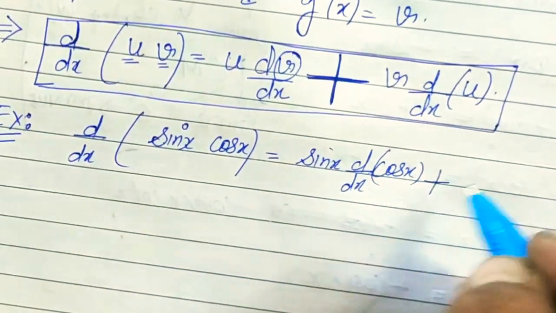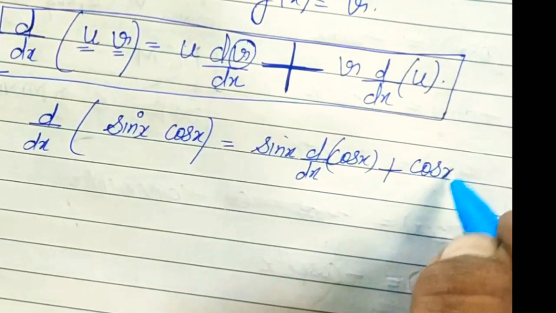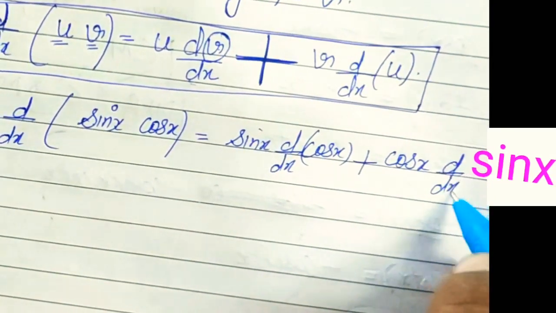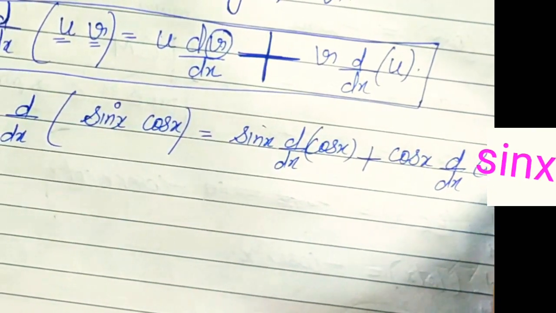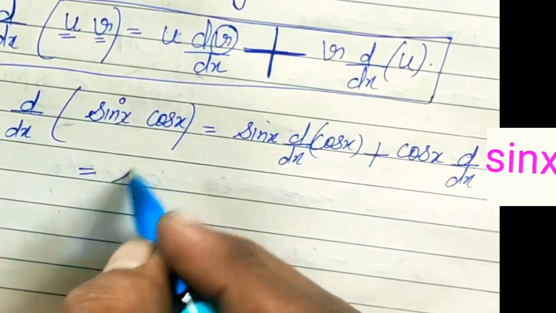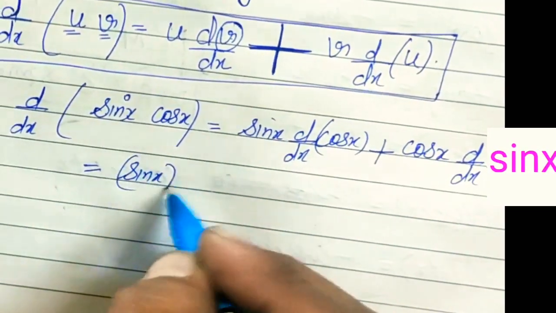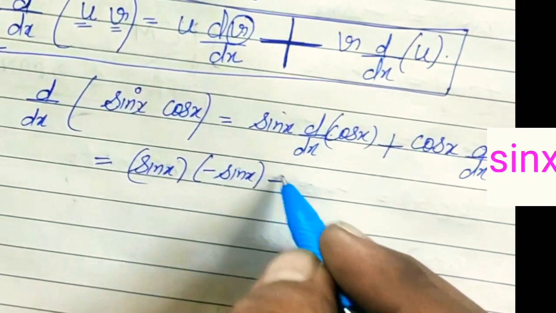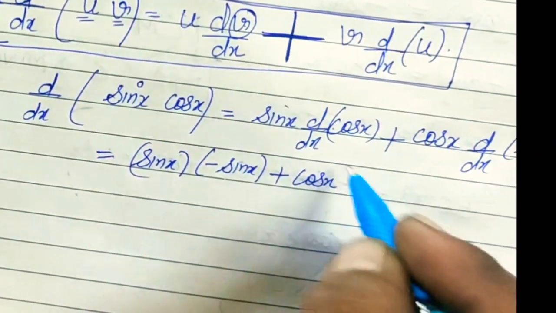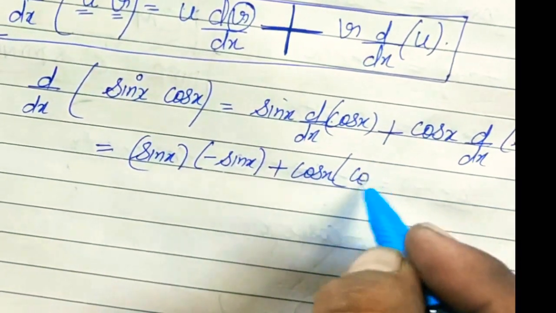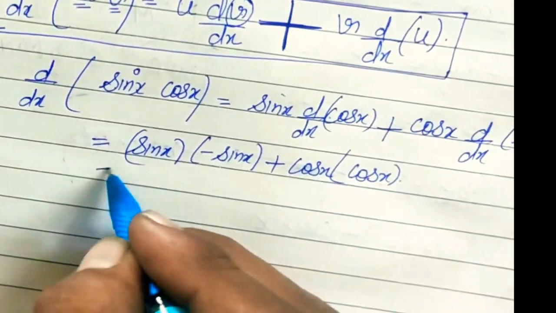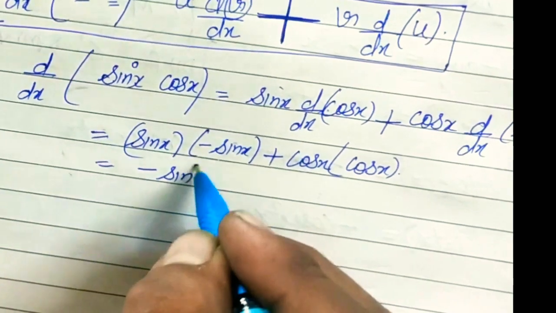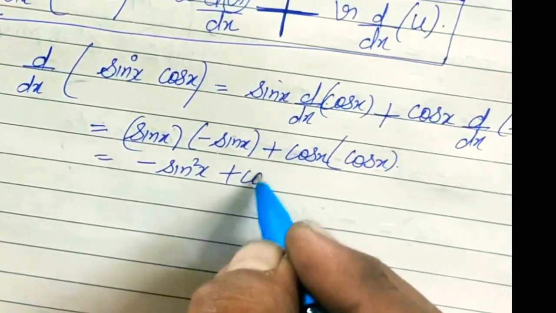Then I'll use a plus sign, then I will take cos x outside, and then I will differentiate sin x. Now the differentiation of cos x is minus sin x, and the differentiation of sin x is cos x. So it will become minus sin square x plus cos square x.